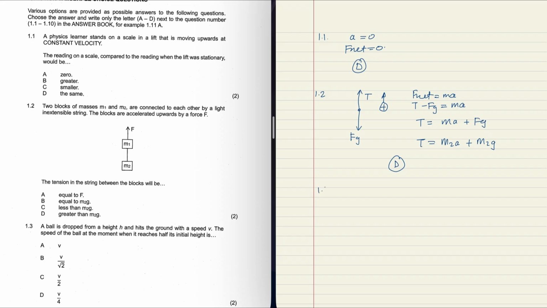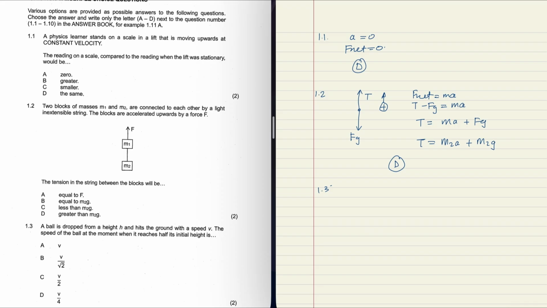Question 1.3. A ball is dropped from a height h and hits the ground with a speed v. The speed of the ball at the moment when it reaches half its initial height is. So let's work this out. Since it is dropped, the vi is equal to 0.